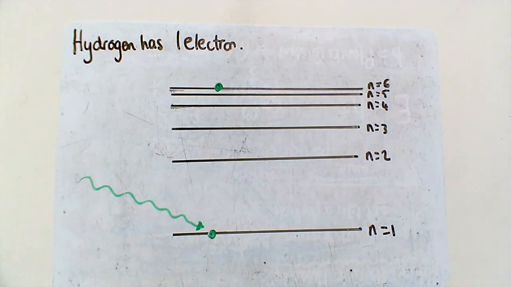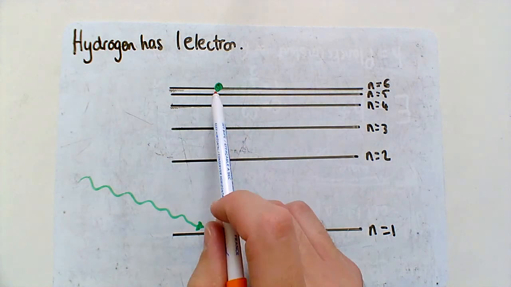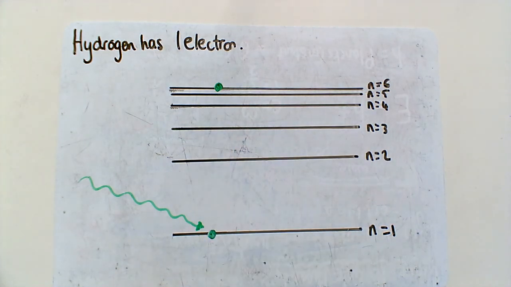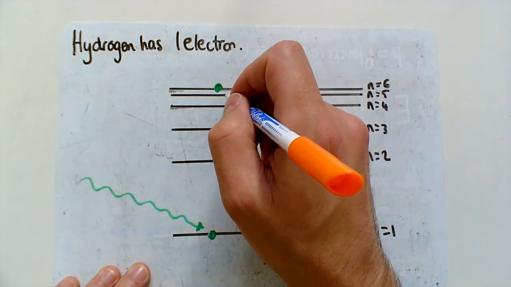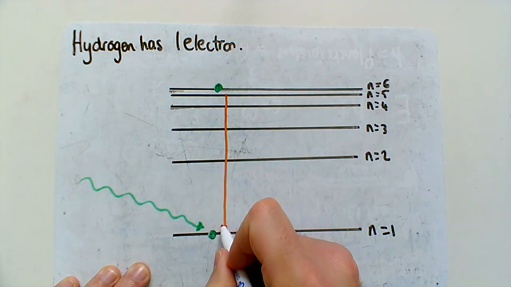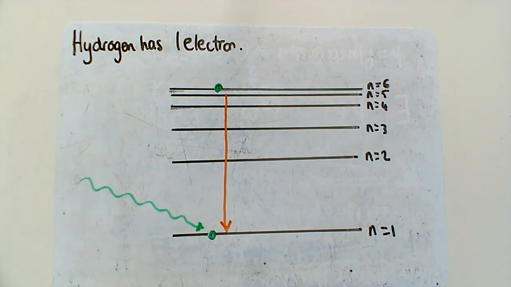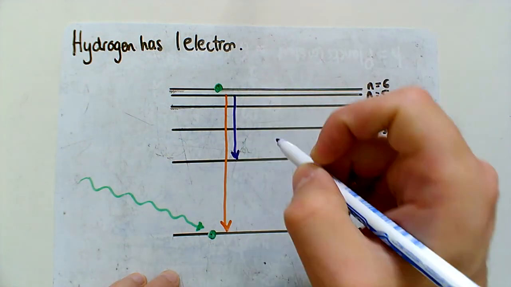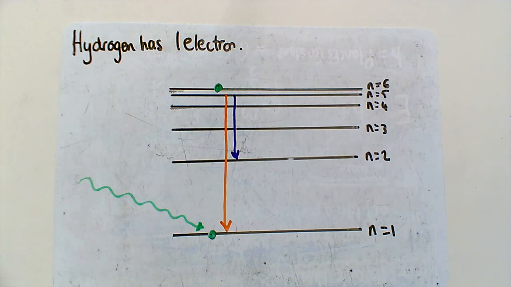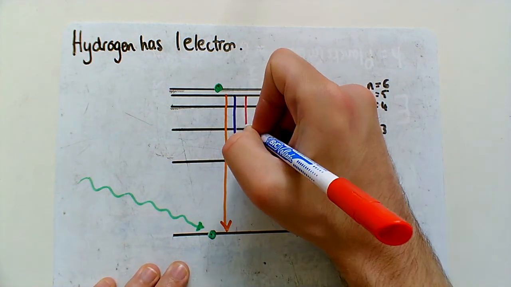When the electron is excited, it can go back to n equals 1, or it can go to n equals 2, or it can go to n equals 3.